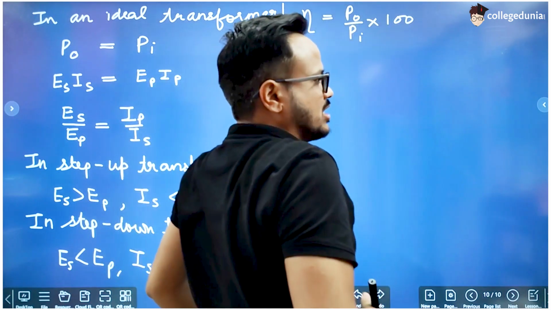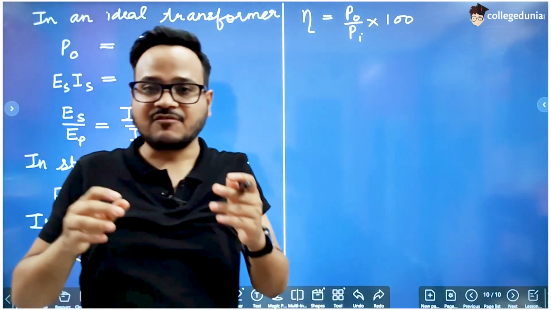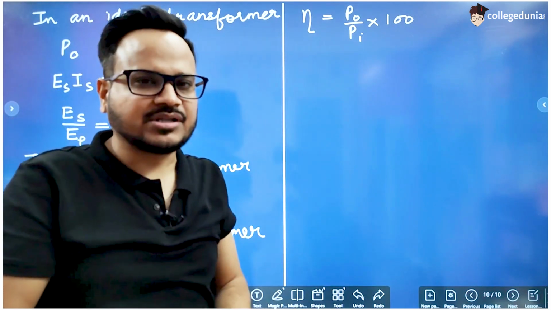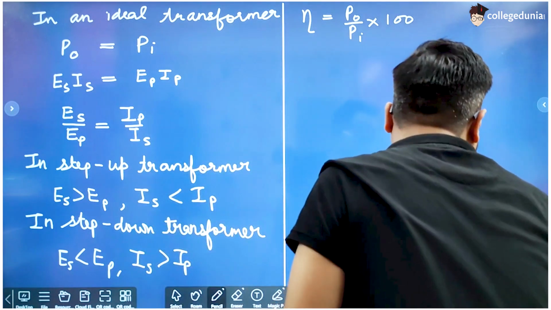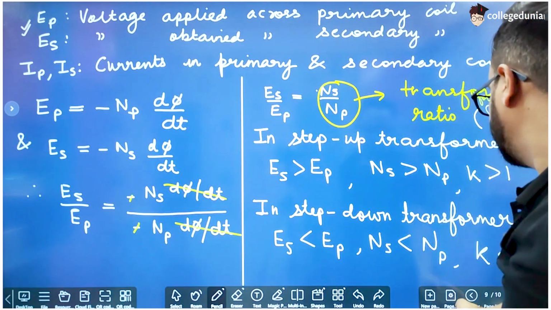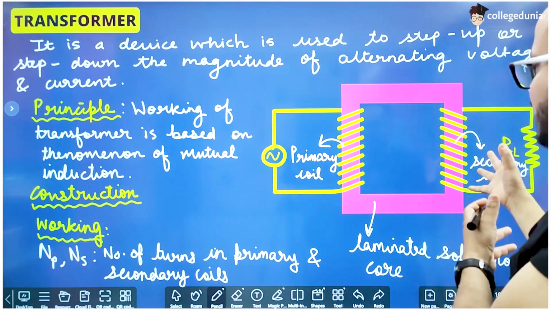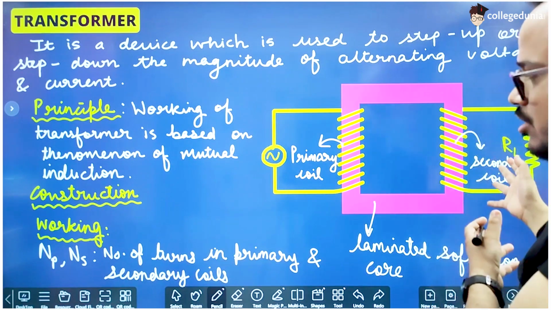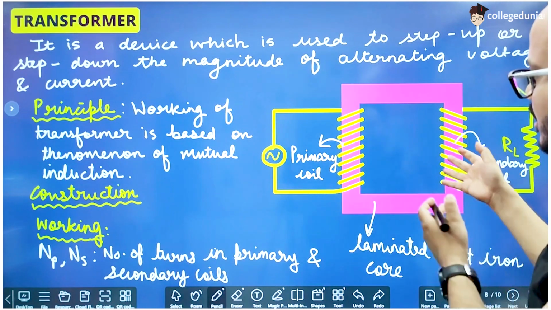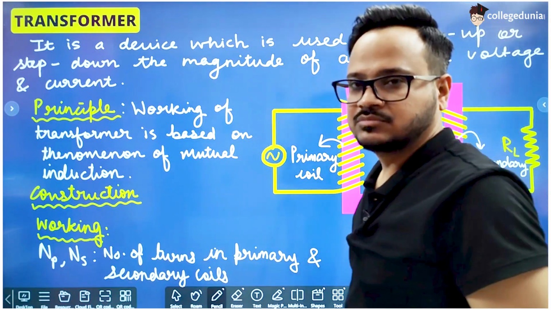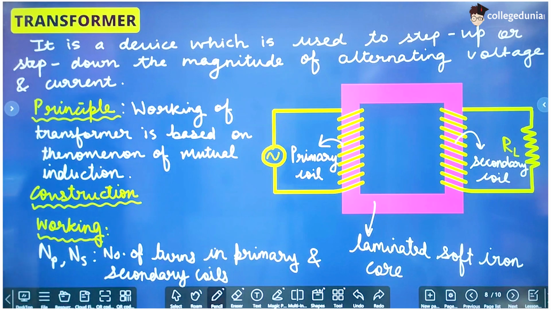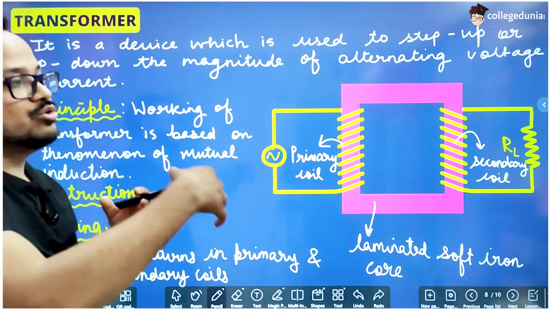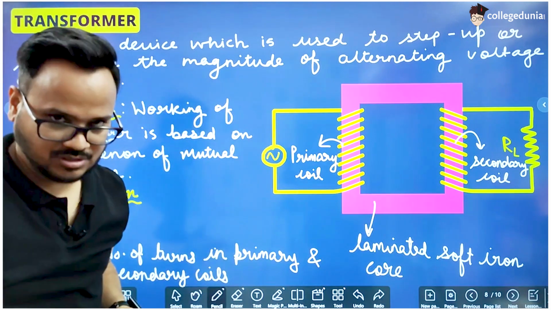Suppose the efficiency of a transformer is 80%. What is the meaning of this statement? If the number of turns in the secondary is 10 times the number of turns in the primary, then the voltage is going to increase only 8 times.